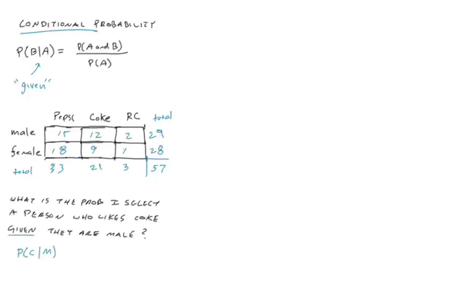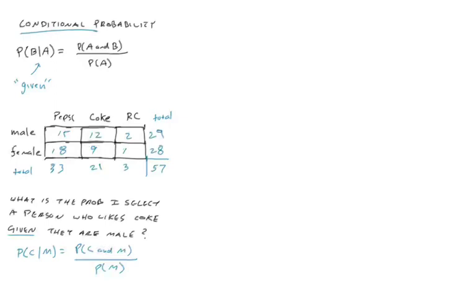Let's do it formally first with the formula. We're saying that they like Coke and they are male over the probability that they are male. This is the official formula. Let's talk about that numerator, that they like Coke and are male.